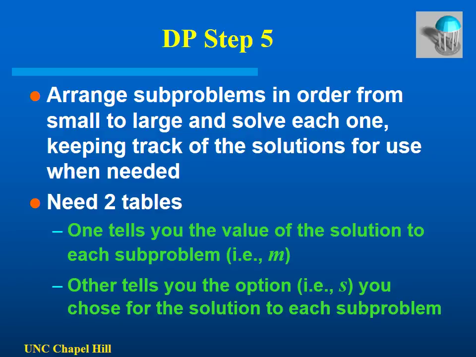We need two tables, one telling the value of the solution to each subproblem, we called that M, and the other telling you the particular option you chose for the solution to each subproblem, thereby giving the schedule for solution.